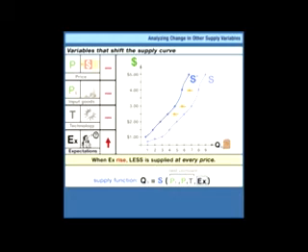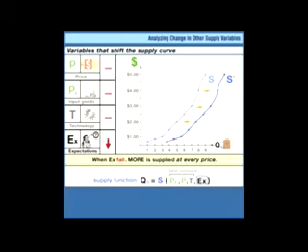Would that cause an increase or a decrease in supply? The answer is supply would increase. Bakers are trying to sell their bread before the price falls, and that would lead to a larger quantity of bread supplied at every price. The supply increases when the expectation is for lower prices in the future.